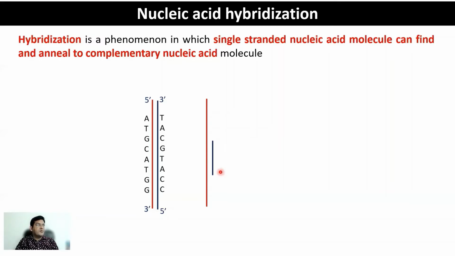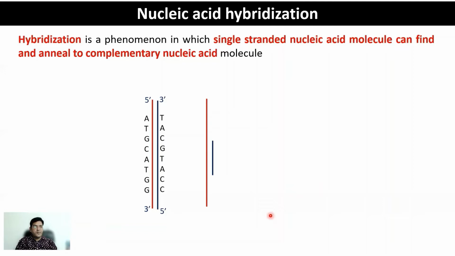The primer is just about 18 to 27 bases in length. And let's say that you're doing a PCR on human genomic DNA, so that would be around 3.2 billion base pairs, and still that 18 to 27 base pair single-stranded DNA or primer is able to find its region of complementarity and anneal to that region. So that is what is hybridization.